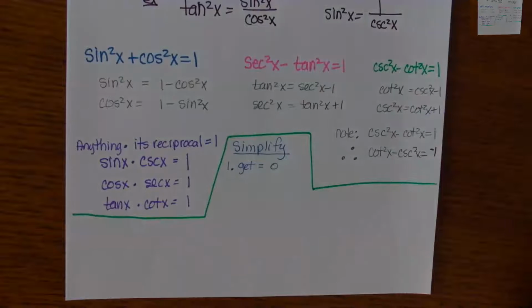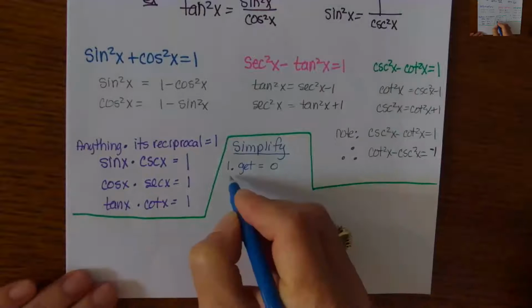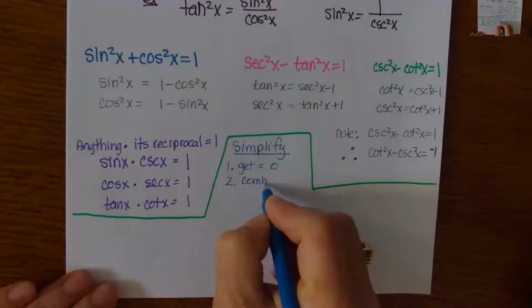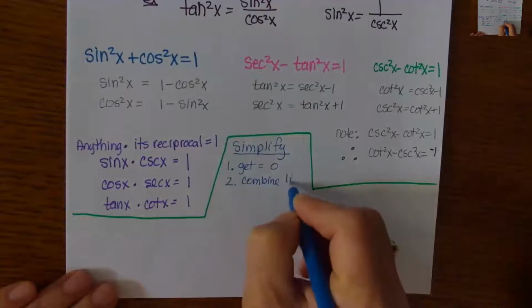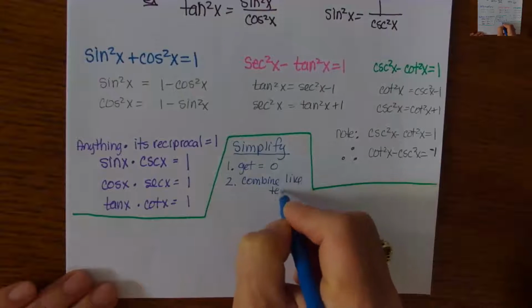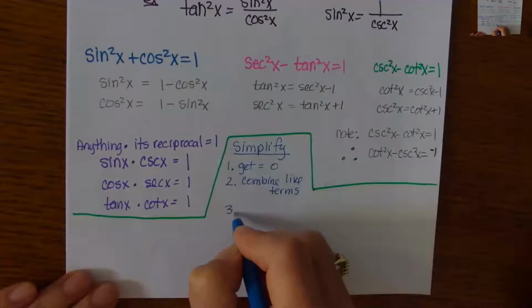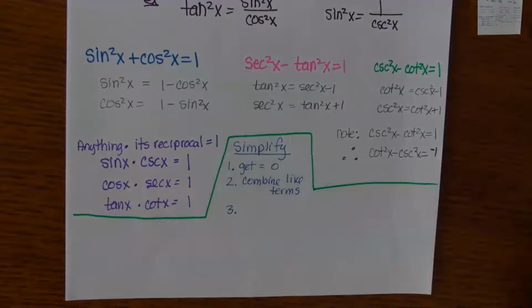You move everything to one side. And then what are some things that you do? You combine like terms. Right? And then what else do you do? What's your major tool when you have to solve equations?